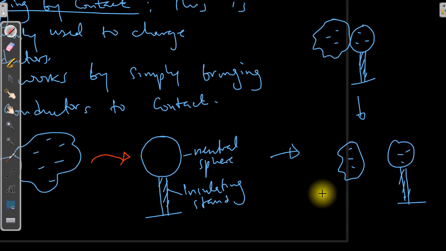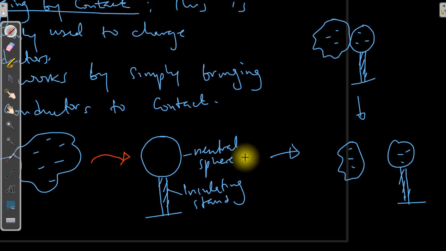So this method is called charging by contact. It is a very quick and easy method for charging conducting materials. Obviously, this method cannot be used to charge insulators because insulators cannot transmit the charge even after contact.